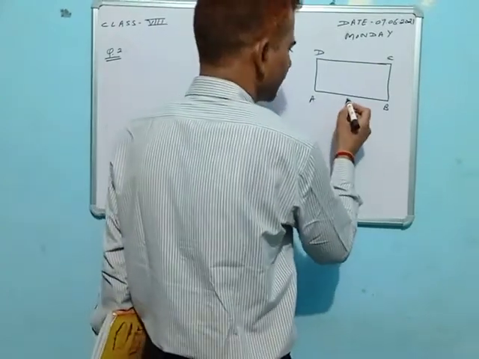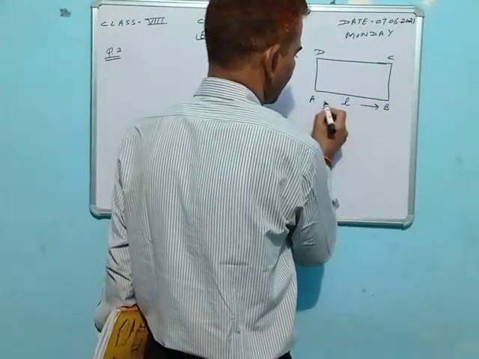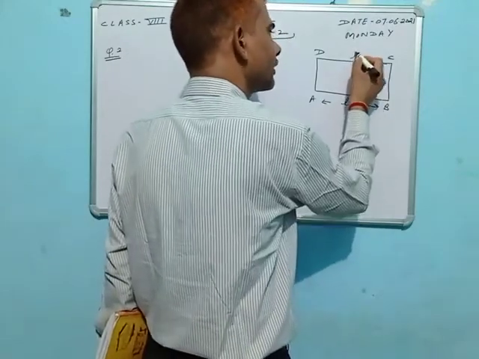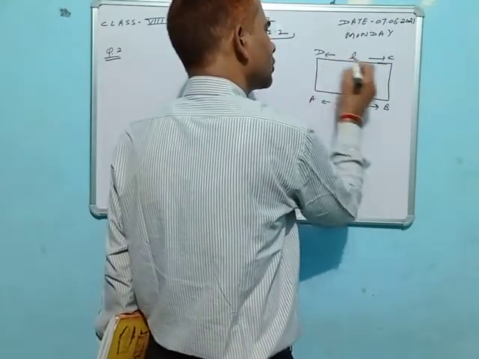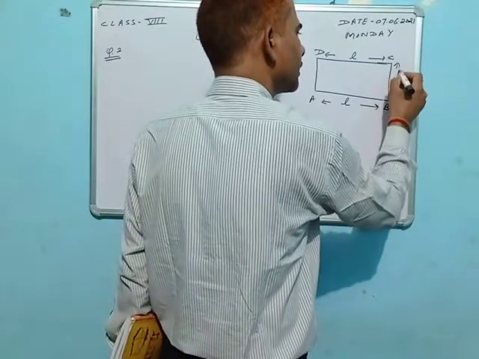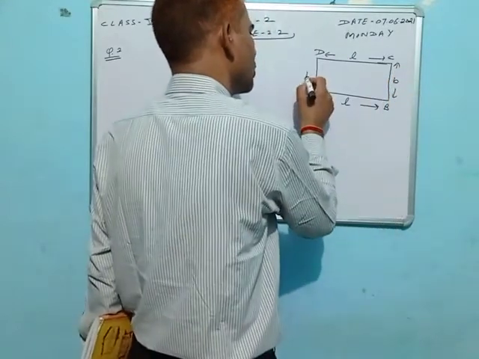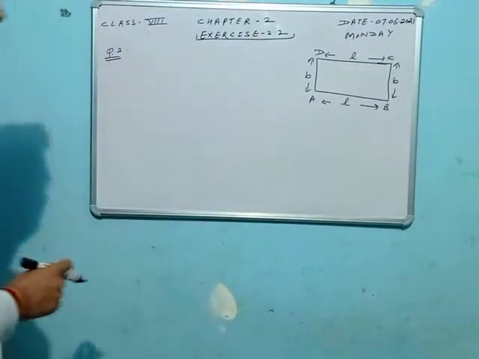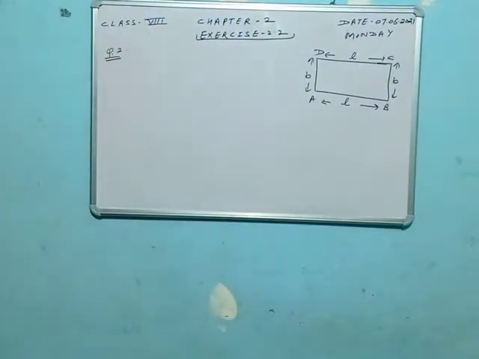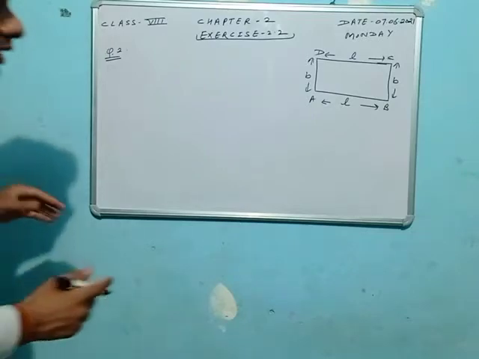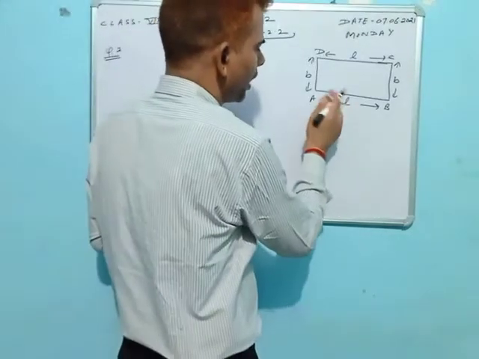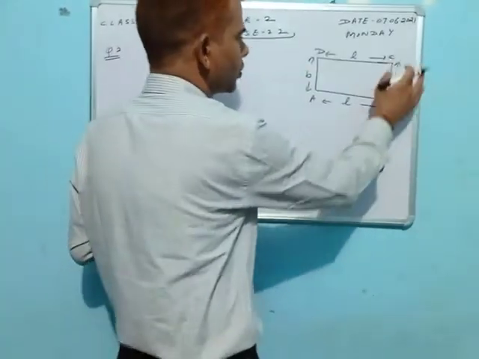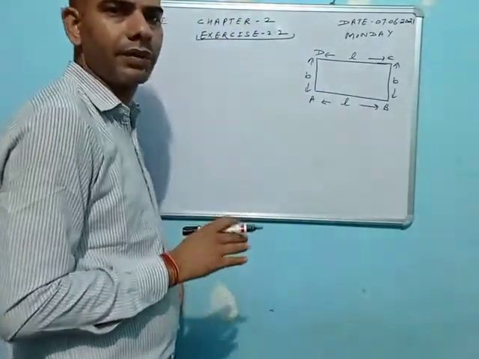We will consider this is the length, this is also length, this is breadth and this is also breadth. Now students, please tell me what is the perimeter of a rectangle. Perimeter is the sum of the outer distance. The sum of the outer distance of a figure is called the perimeter of the figure.